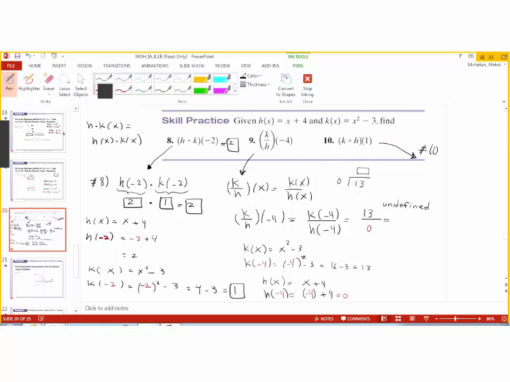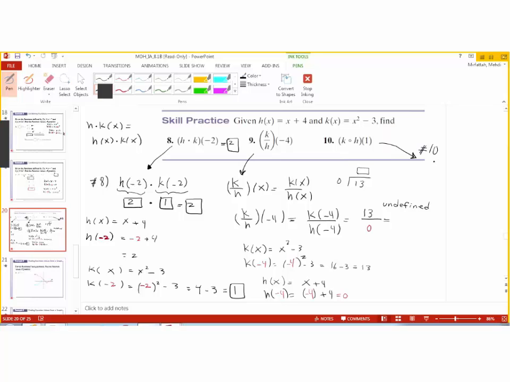So number 10, check mark if you can do this. Marlene, you want to try that, please? Okay, so Marlene, you find K composed with H of 1.